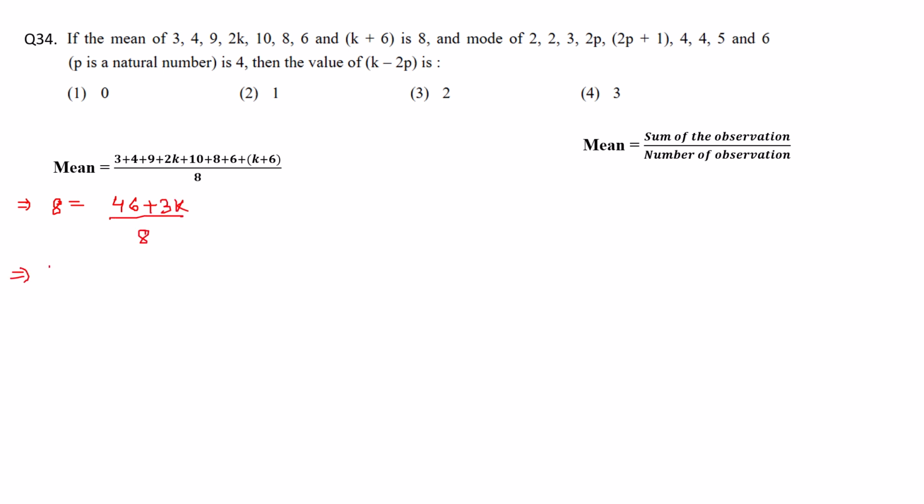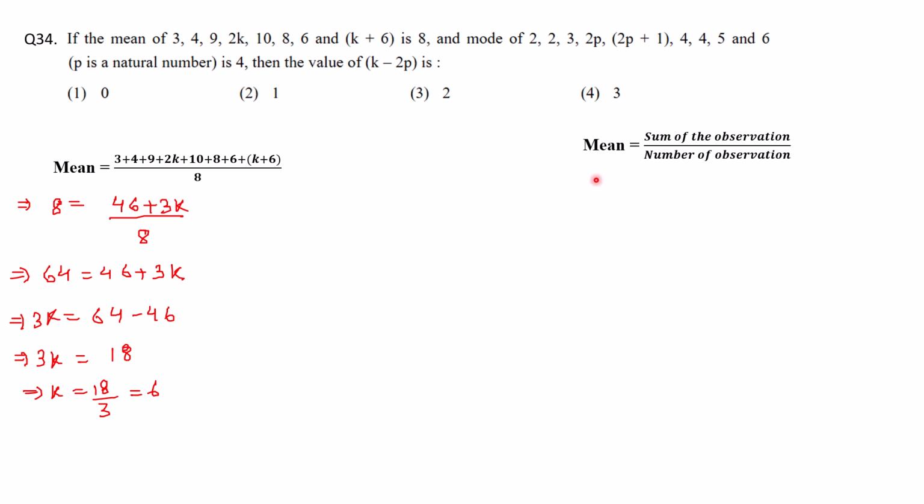Now cross multiply: 8 into 8, 64 equal to 46 plus 3k. So 3k will be, transposing 46 to the other side, 64 minus 46. If you solve it, you will get 3k is equal to 18. So the value of k will be 18 divided by 3, which is 6. So I got the value of k.